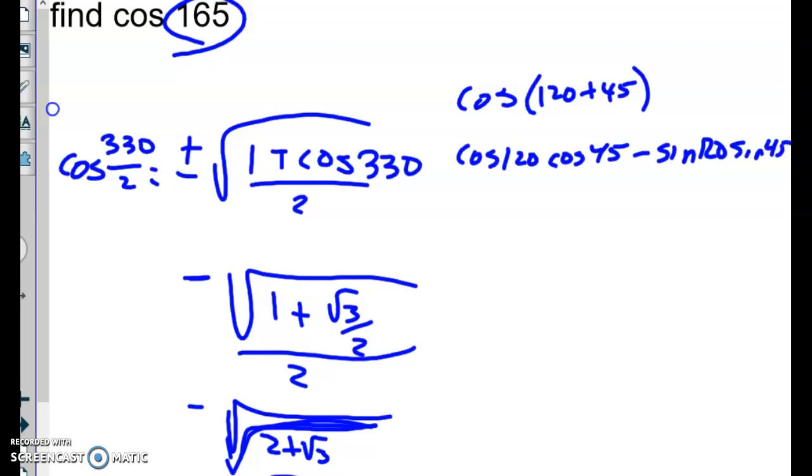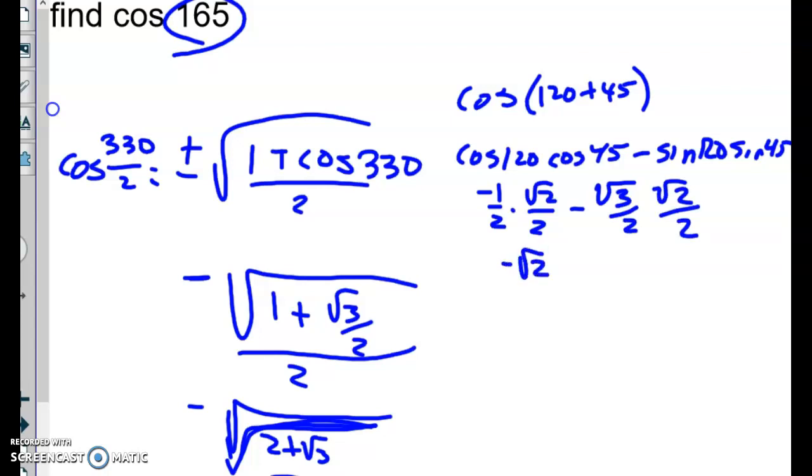And the cosine of 120 is negative 1/2, times root 2 over 2. Sine of 120 is root 3 over 2, times root 2 over 2. And so I get negative root 2 minus root 6, all over 4.